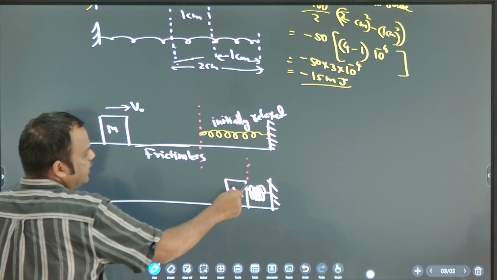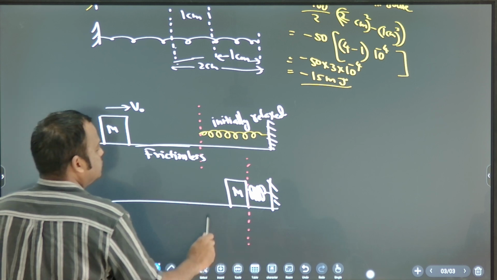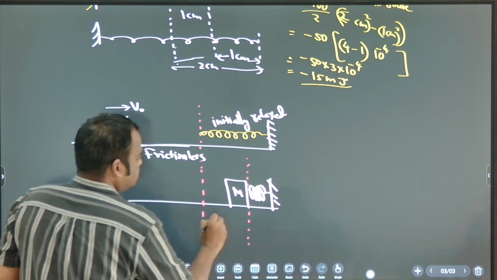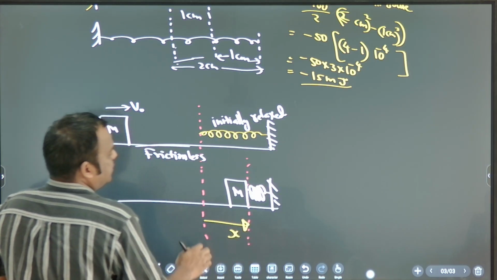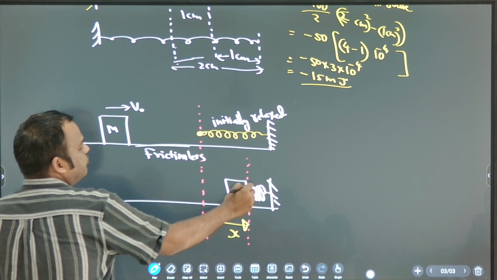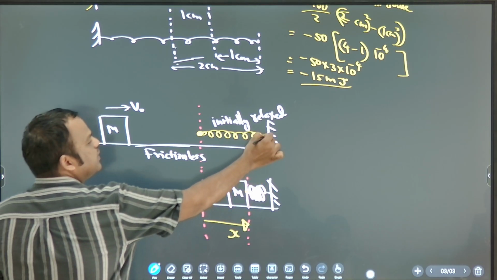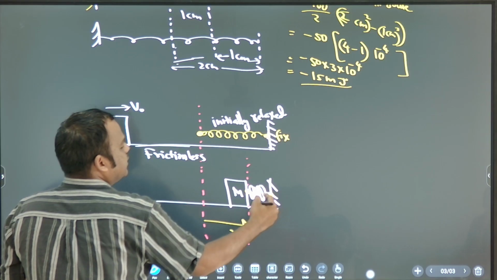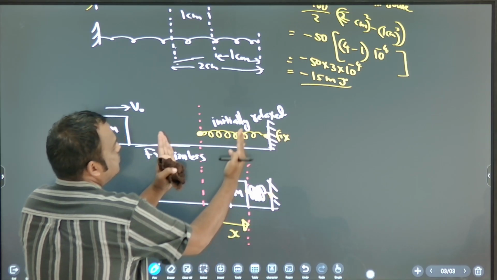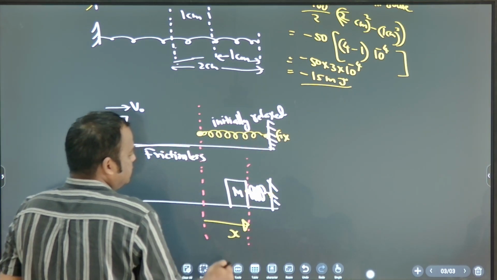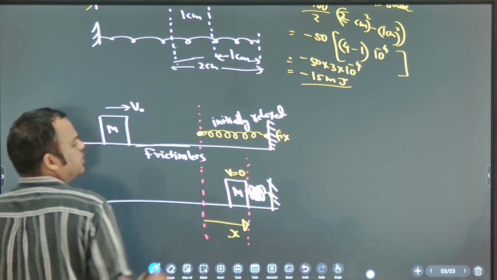Finally, where is the left end of the spring? Here. So this is the compression. The right end is fixed. So the left end is shifting to the right side by x, and by that time speed becomes 0.